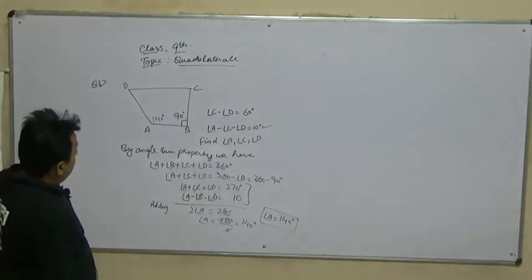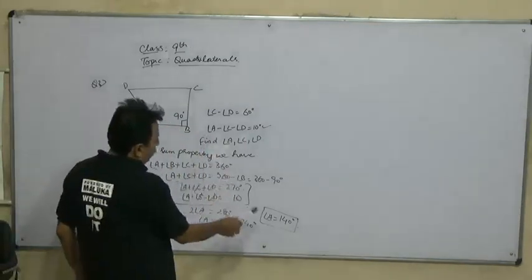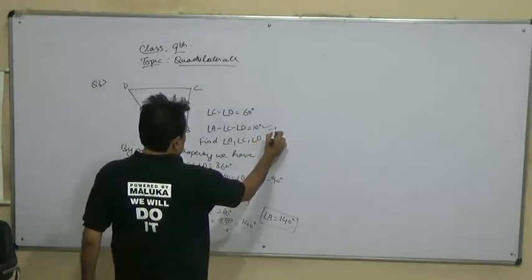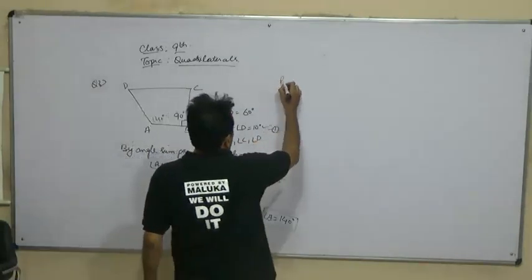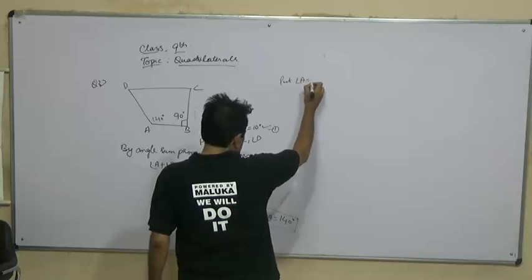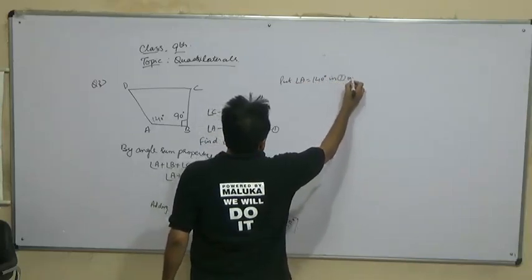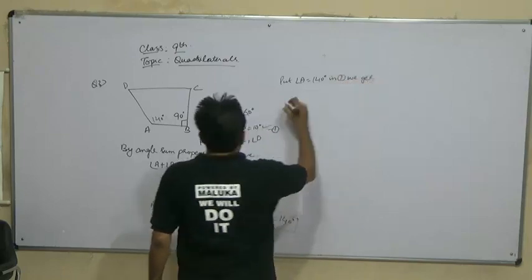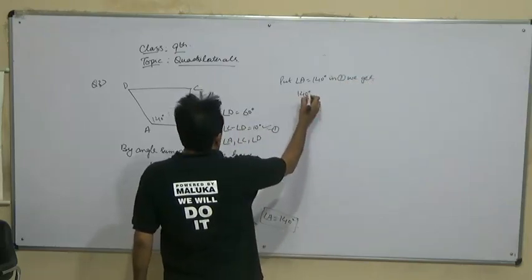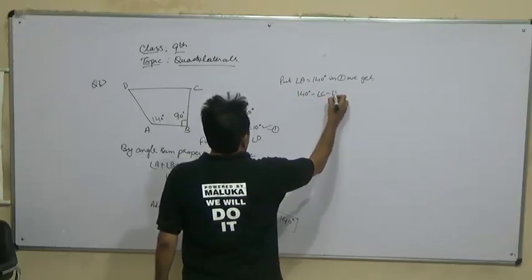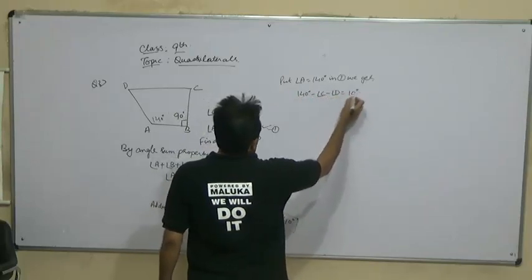Now we put the value of this in equation 1. Put angle A is equal to 140 degree in 1, we get, so what do we get here? 140 degree minus angle C minus angle D is equal to 10 degree.